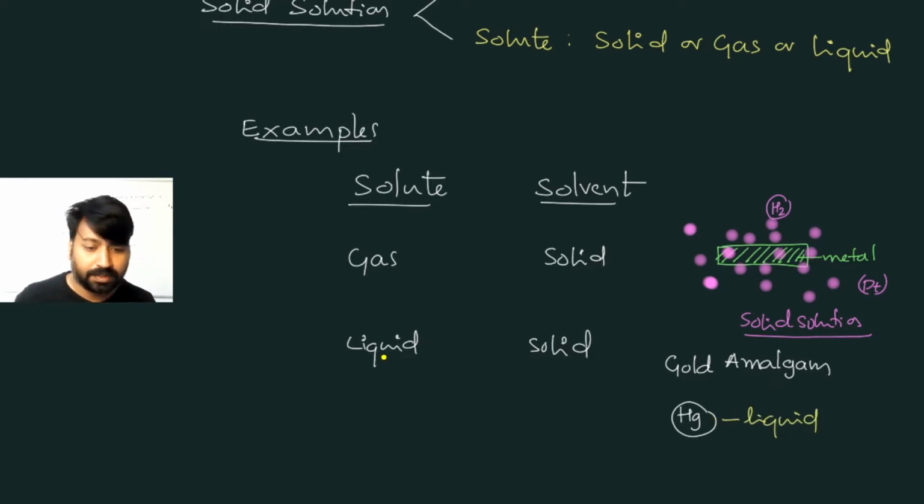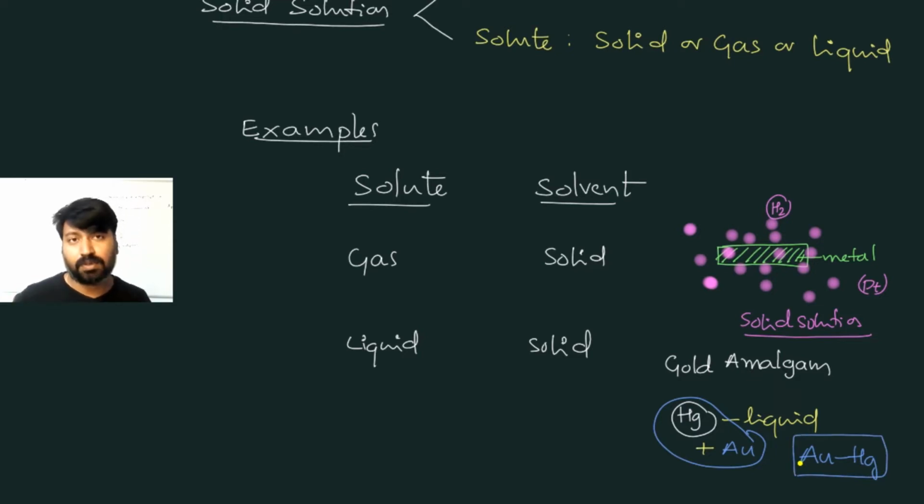Here the mercury acts as a solute, and this mercury is mixed with gold, Au. Together they combine and form Au-Hg. In that, Au is present in a larger quantity and Hg in a smaller quantity, and Hg is a liquid, so it is called a liquid dissolved in solid. That is Hg dissolved in gold, forming gold amalgam. Gold amalgam is an example of a solid solution where the solute is liquid and the solvent is solid.